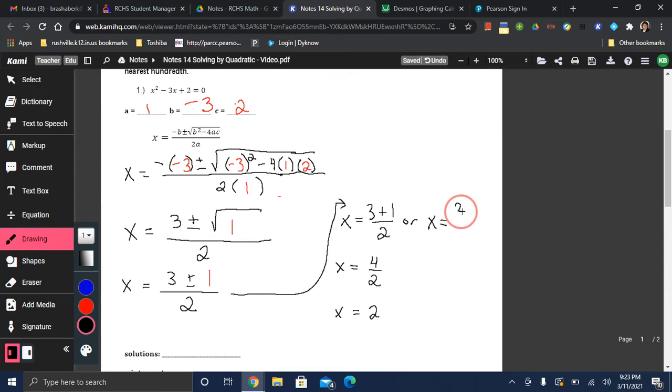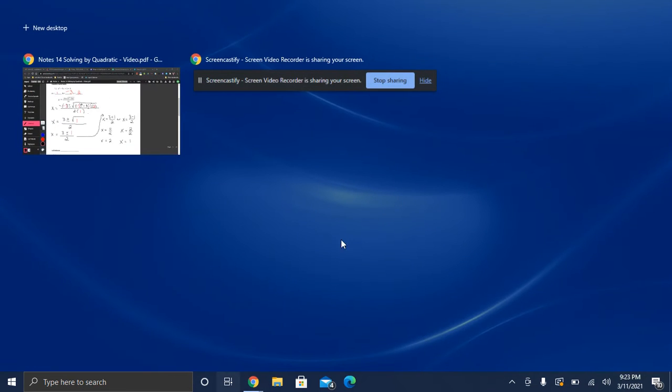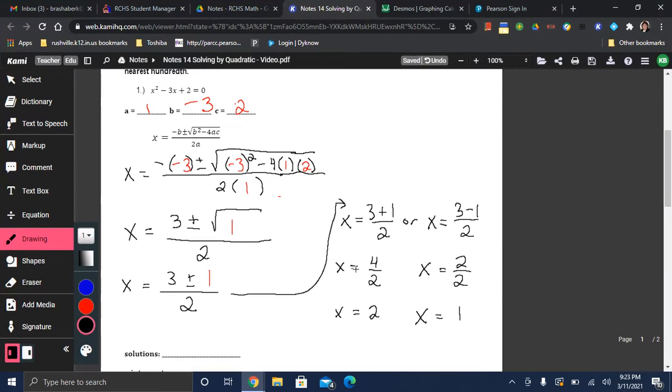So the top would be 3 minus 1. That's over 2. And so I'll continue to solve that. So 3 minus 1 is 2 on top, and then 2 on the bottom. And 2 divided by 2 is 1. So those are my 2 solutions.